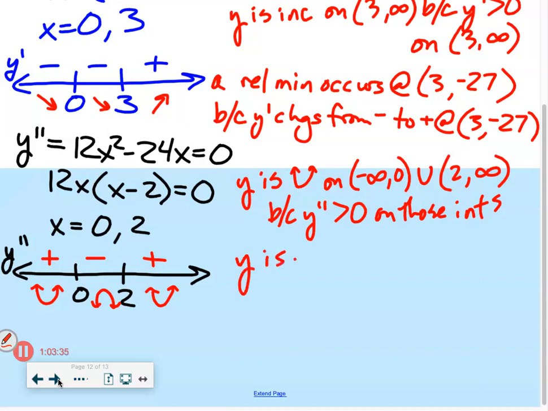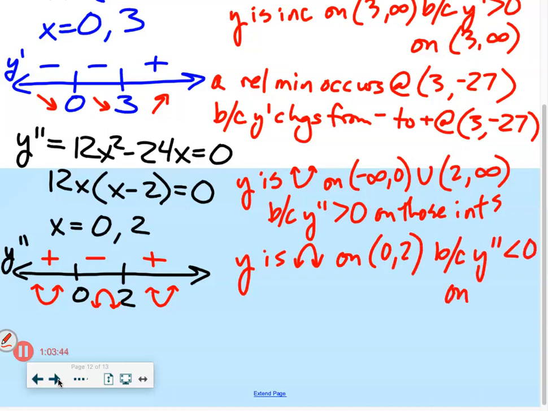Y is concave down on 0 to 2, because y double prime is negative on 0 to 2.